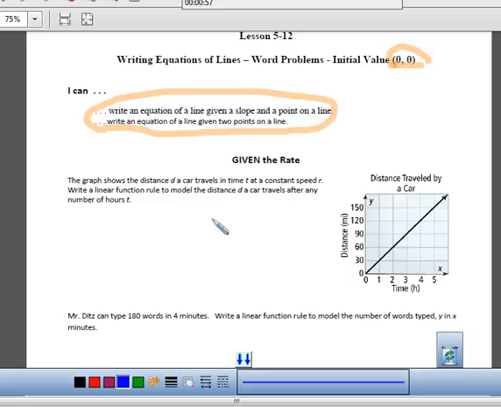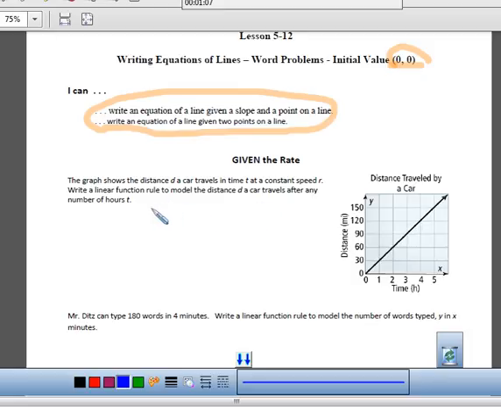So the first problem: the graph shows the distance d a car travels in time t at constant speed r. Write a linear function rule to model the distance d a car travels after any number of hours t.